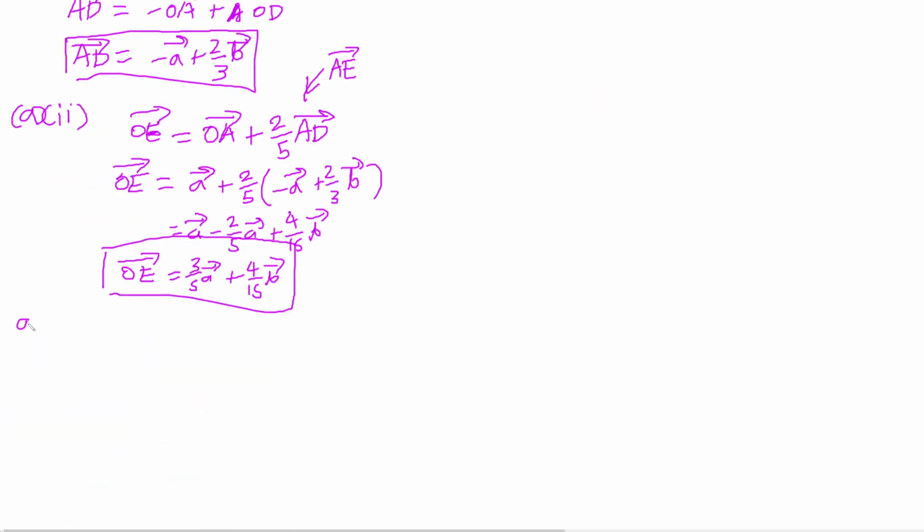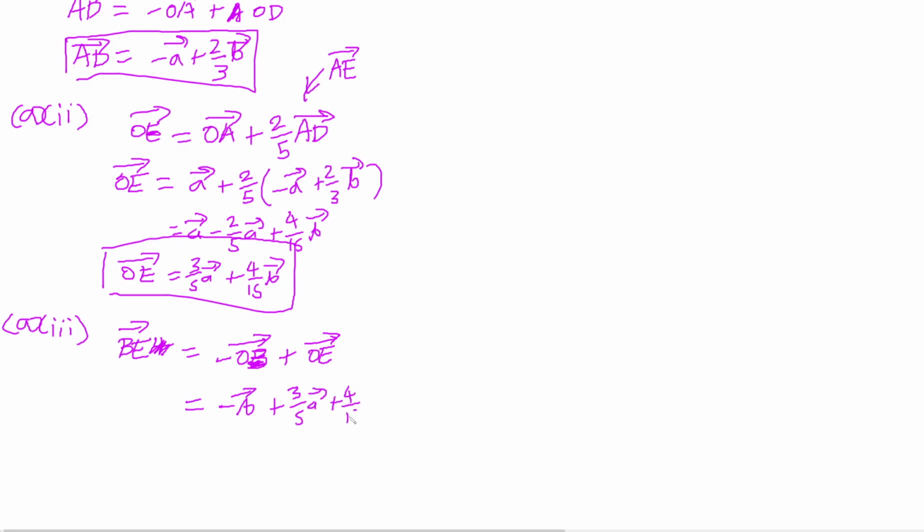So to write this all down, the form we can take is that BE is minus OB, that is, going from B to O, plus OE, going from O to E via A. So this is minus the vector B, plus 3 over 5A, plus 4 over 15B.